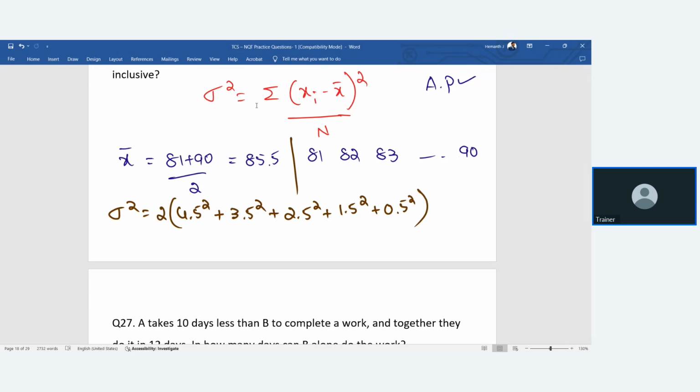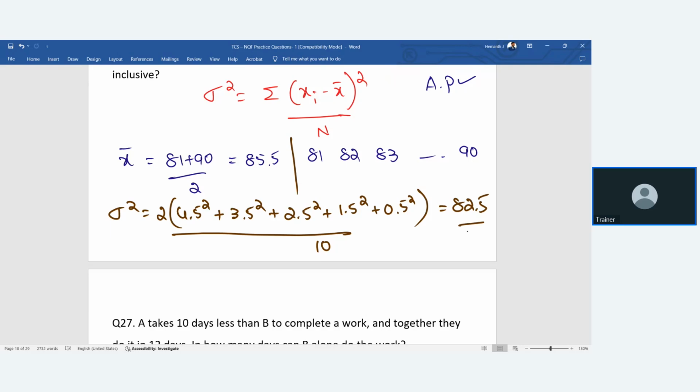So we need to do all these calculations. 4.5 square is 20.25, 3.5 square is 12.25, 2.5 square, everyone knows, is 6.25, this is 2.25 plus 0.25, into 2, which is 82.5 numerator, divided by how many terms? 10 terms.